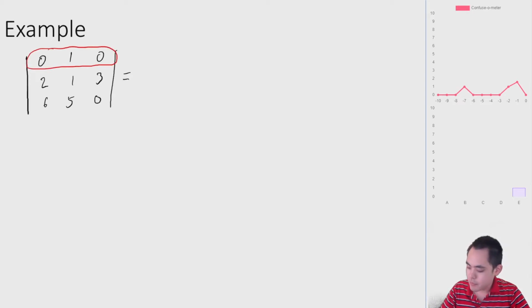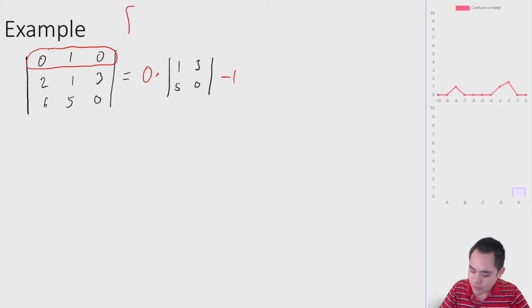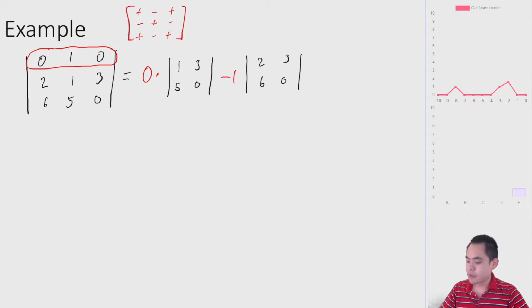row. So this is going to be 0 times the determinant of 1, 3, 5, 0, minus 1, because of course we have this plus, minus, plus pattern, minus 1 times the determinant of 2, 3, 6, 0, because those are all the entries that aren't in the second column or the first row, plus 0 times the determinant of 2, 1, 6, 5.